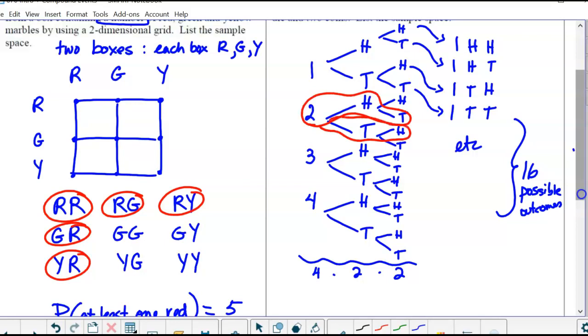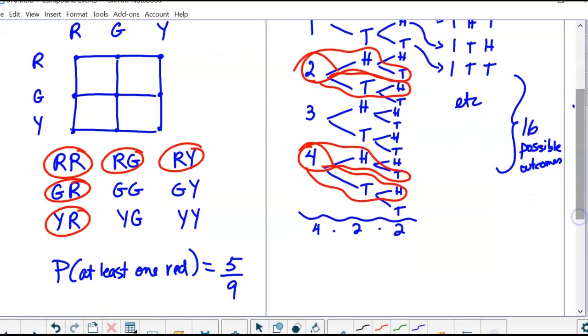And then here, this even number would be 1 H and 1 T, and 1 H and 1 T. Okay, so there's 4.